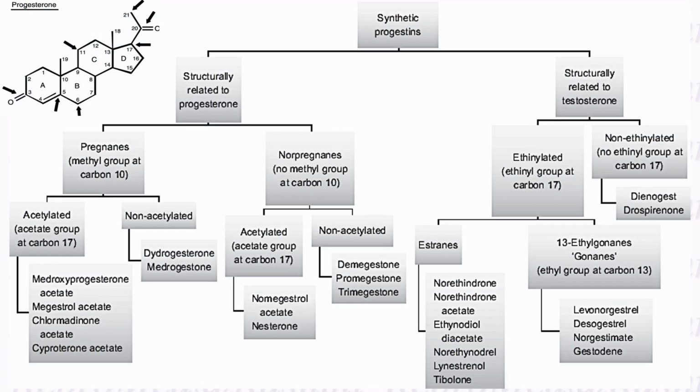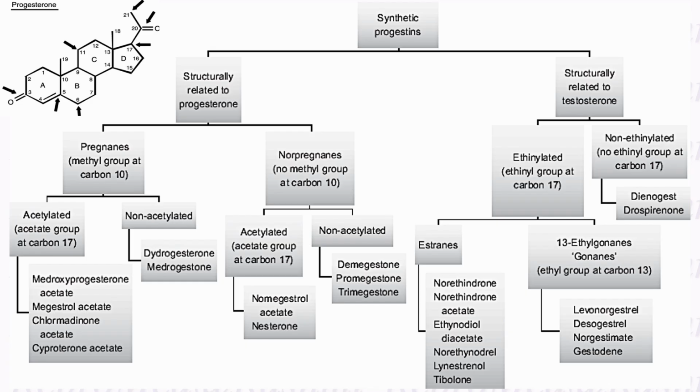There is another way to classify the progesterones: the synthetic progesterones which are structurally related to progesterone and those structurally related to testosterone. Those related to progesterone can further be divided into pregnenes and norpregnenes. Pregnenes means the methyl group is there at carbon 10, while norpregnenes means there is no methyl group at carbon 10. Pregnenes can further be divided into acetylated and non-acetylated.